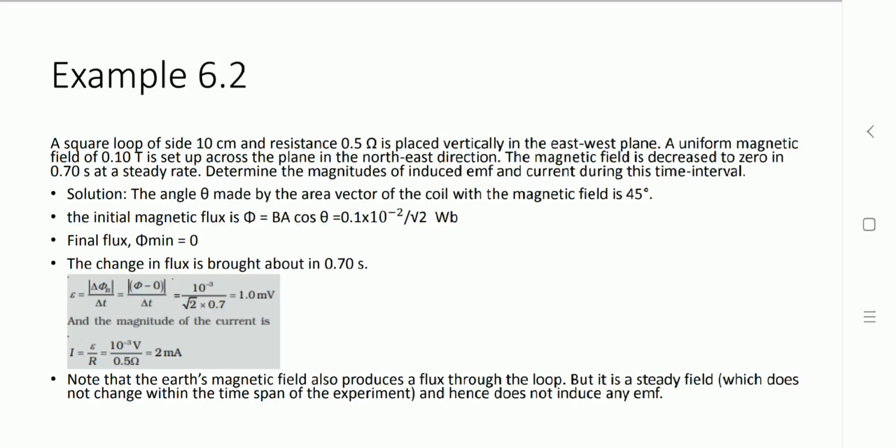The initial flux is 10 raised to minus 3 by root 2 Weber, and the final flux is 0. So 10 raised to minus 3 divided by root 2 into 0.7 equals 1 millivolt. The current is epsilon by R. So epsilon is 1 millivolt divided by resistance 0.5 ohm. So the current generated is 2 milliampere.